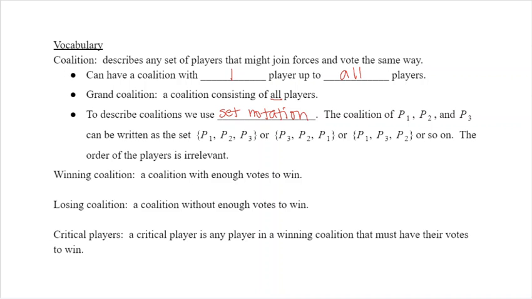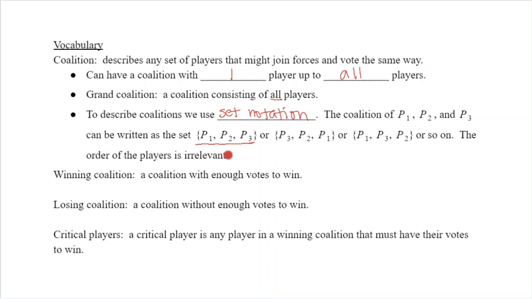So, the coalition including all 3 of these political parties can be written as P123, P321, P132. It doesn't matter what the order is, but typically you do write them in numerical order. So P1, P2, P3 would be the most common way that you would see this coalition written.